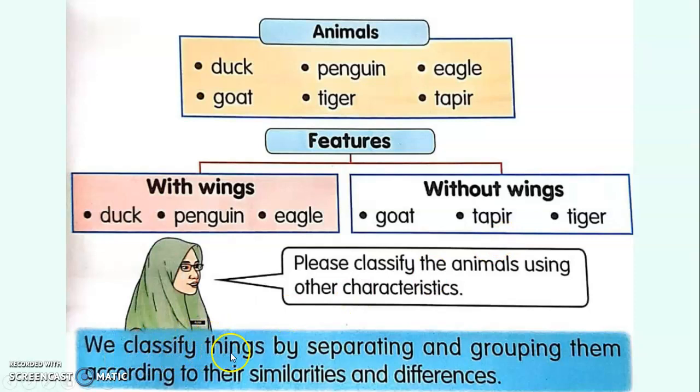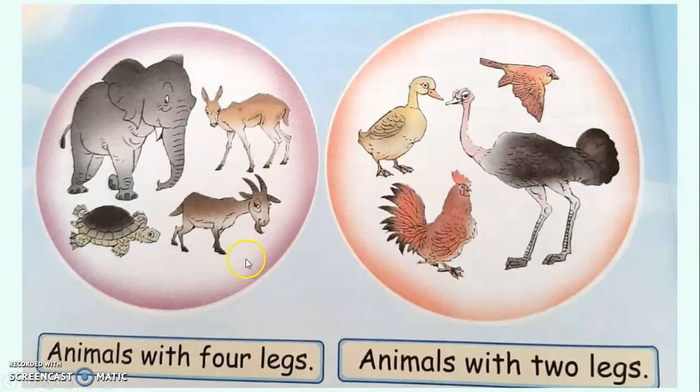So, we classify things by separating, kita asingkan, and grouping, kumpulkan, them according to their similarities and differences, mengikut persamaan dan perbezaan. Now here are some examples of other characteristics that we can use.